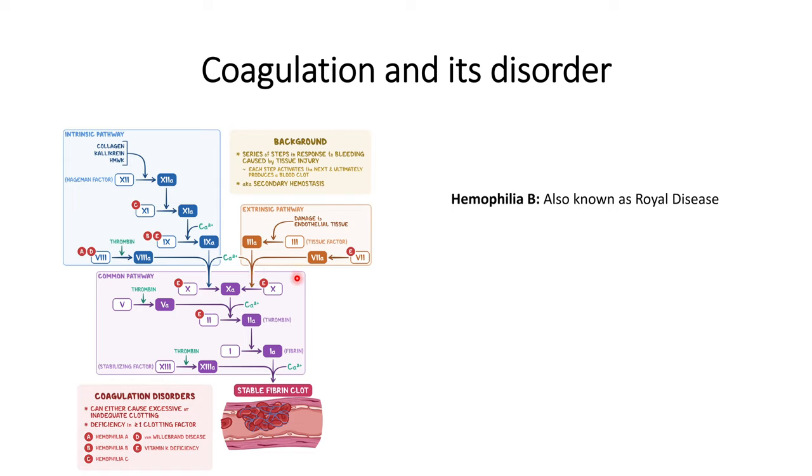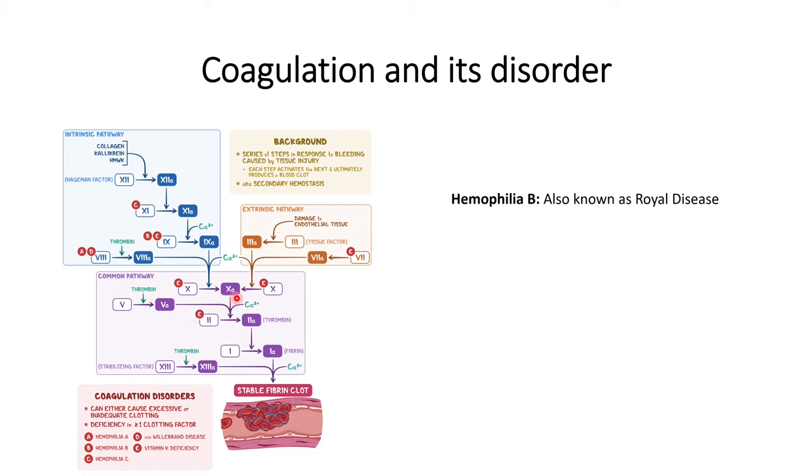And factor 3A and factor 7A, combined with calcium, will activate factor 10, so the intrinsic and extrinsic pathways independently activate factor 10. This factor 10 will activate factor 10A, and the absence of factor 10 is also because of vitamin K deficiency. So vitamin K is very important for coagulation.